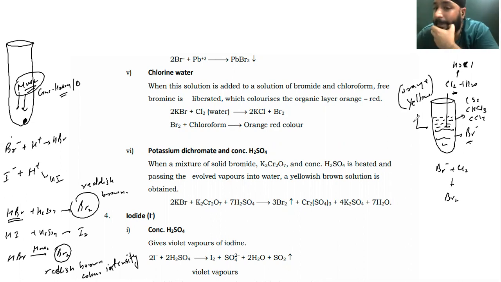So I'll be getting yellowish orange color for bromine. If I'm doing the same reaction with I minus, I'll be getting a bluish color inside the layer. So you'll come to know that if the organic layer becomes yellow orange, that means bromine gas has become soluble inside it, and because of that it becomes yellowish orange. Okay. This is the test with chlorine water.